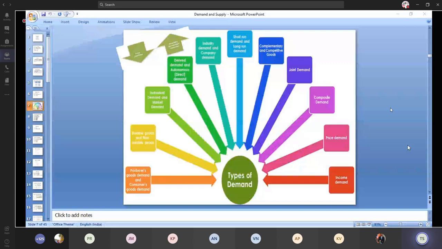And ma'am, composite demand once again, please. Okay. Composite demand is where a single commodity satisfies more than one purpose. It's a single commodity, but that commodity can be used for various purposes, used by various persons. Those kinds of commodities are called composite commodities, and the demand for those commodities is composite demand. Any examples?